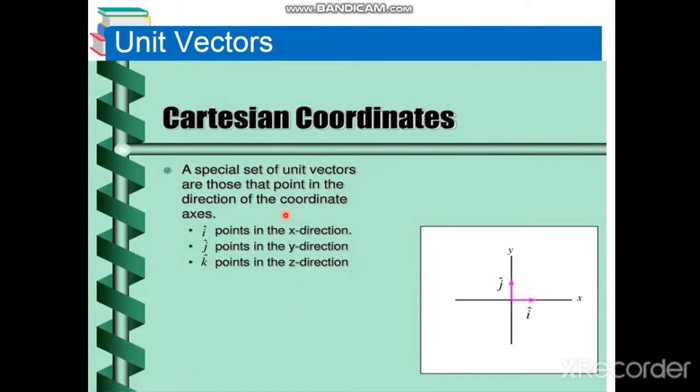There is a special set of unit vectors, and they are specified for x, y, and z axes. For x direction, the unit vector is i. For y direction, the unit vector is j, and in z direction, the unit vector is k.